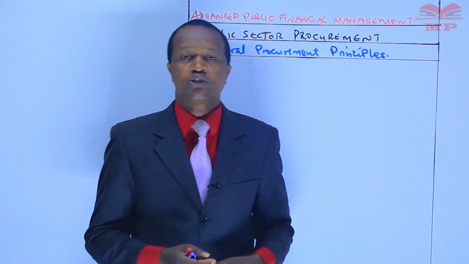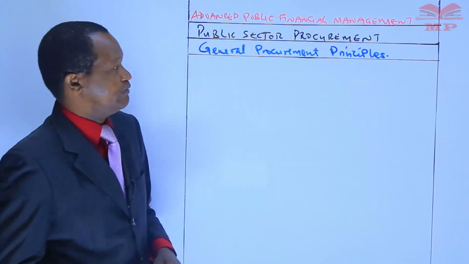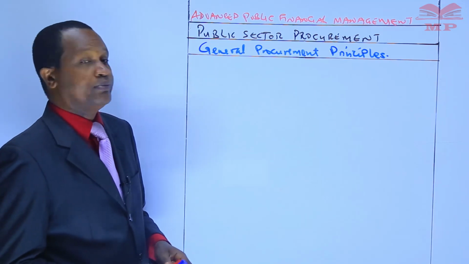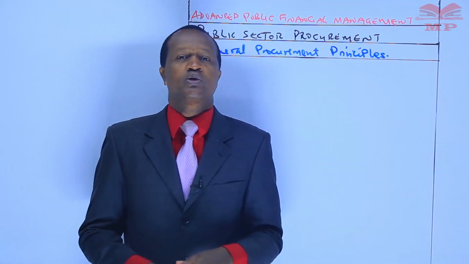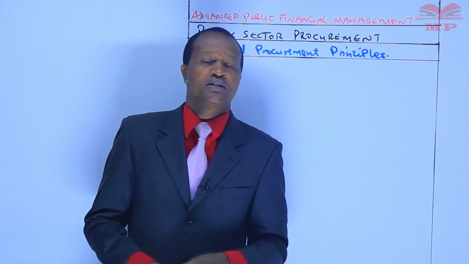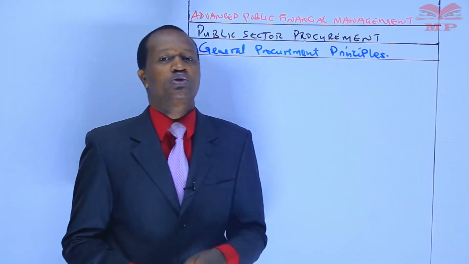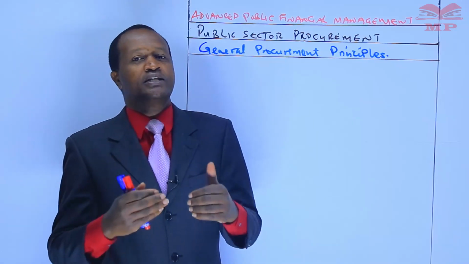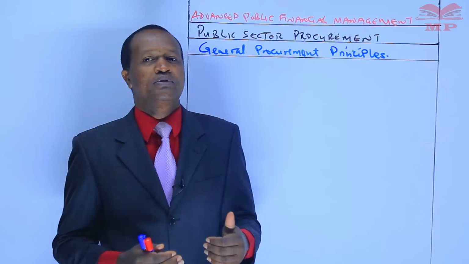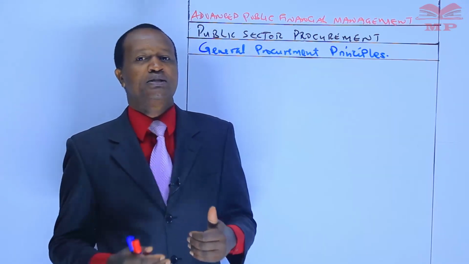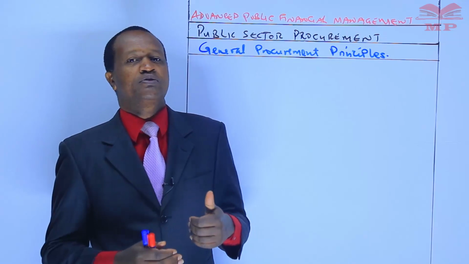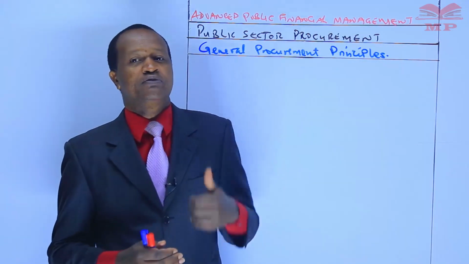That's the lesson objective. Now, candidates, the basic procurement principles are applied in order to achieve sound procurement practice. It is important to appreciate these basic procurement principles and to apply them in those areas of procurement procedure that demand discretion and judgment if the objectives of sound procurement practice are to be achieved.